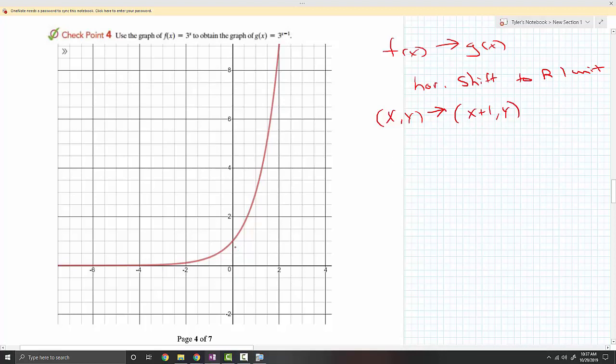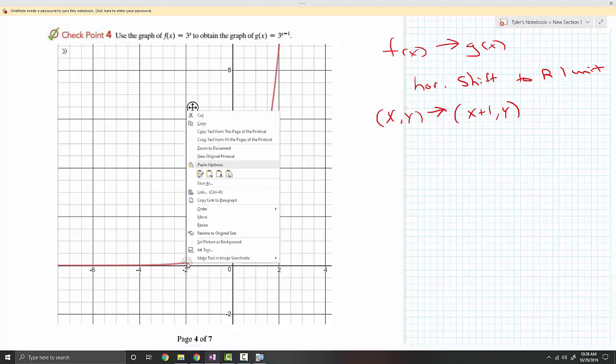So if we know some of these points, it's just going to shift 1 unit to the right. So like this point is going to get shifted 1 unit, so it's going to land here as a new point. And we can kind of just pick these. Is there any more that's kind of nice to move? We can move this point.